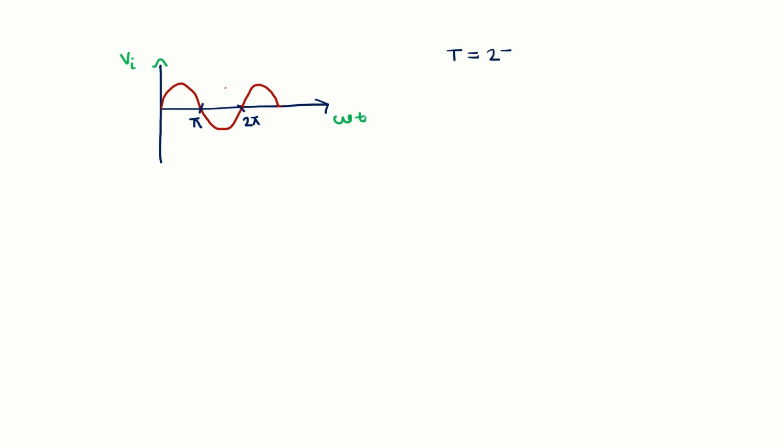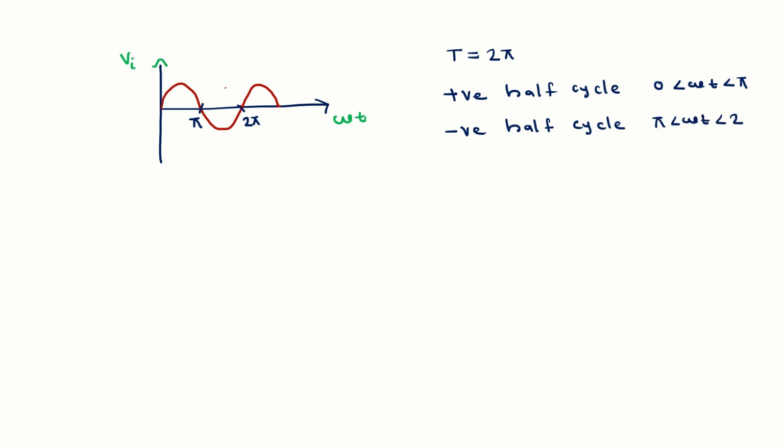The positive half cycle is from omega t equals 0 to pi, and the negative half cycle is from pi to 2 pi. Got it?